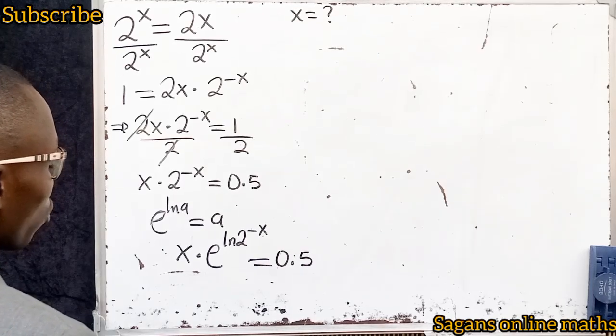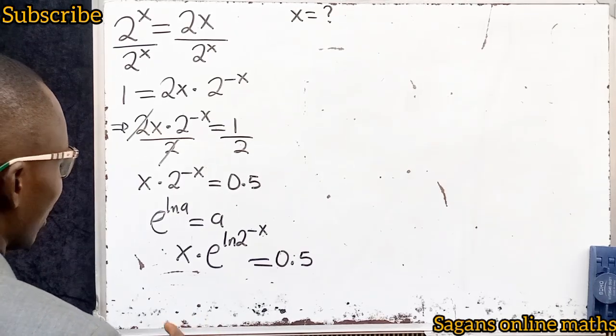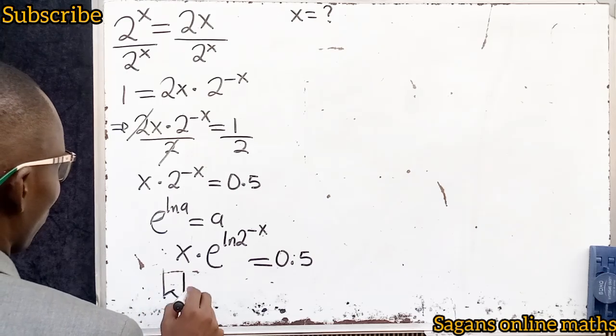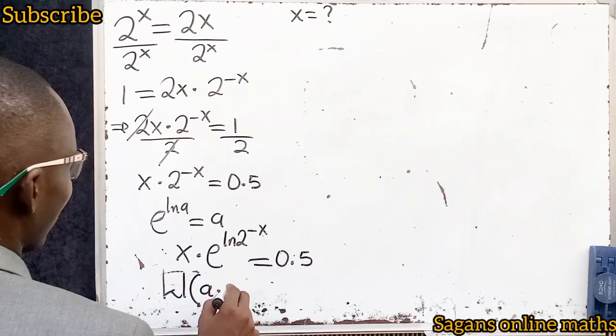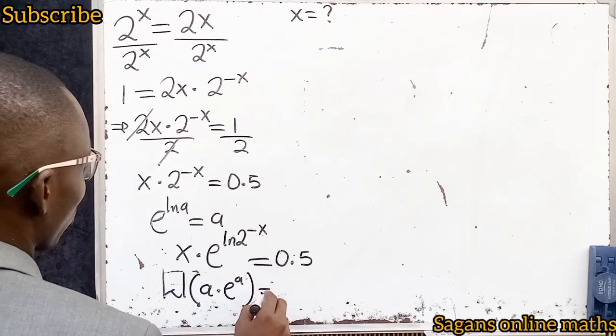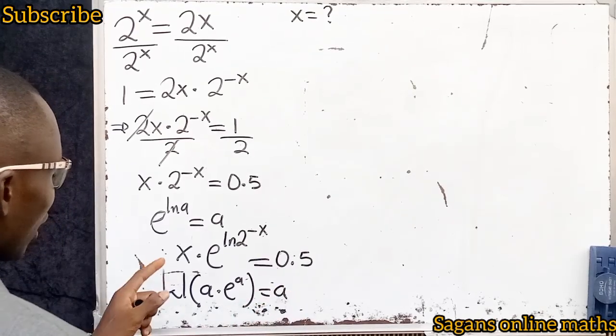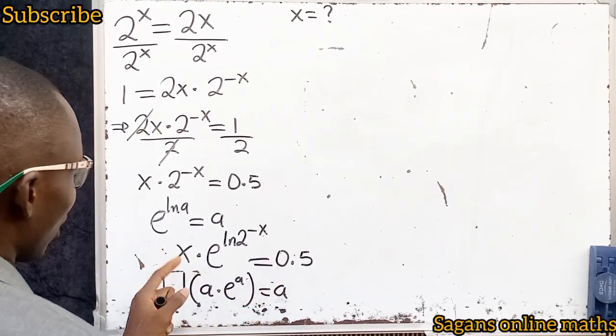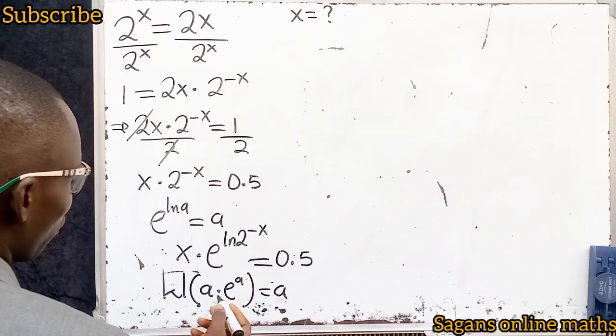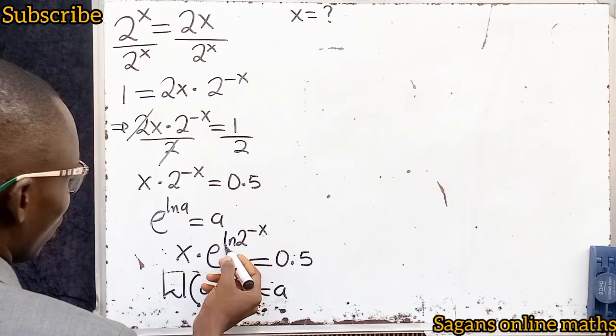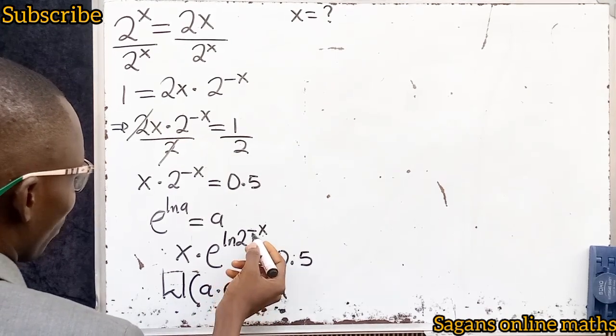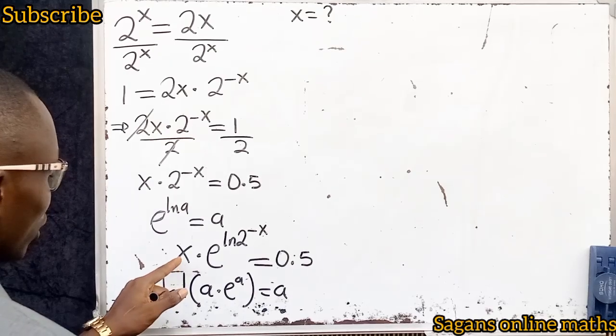Now, what are we going to do? I want you to understand that the Lambert W function of a multiplied by e raised to the power of a is always equal to a. Now, if you want to take the Lambert W function of this problem here, what are we going to do? Because the a you are seeing here is ln 2 raised to the power minus x, but that is not what is written here.